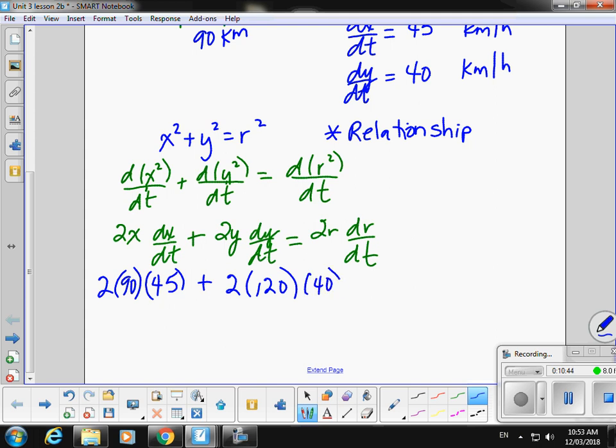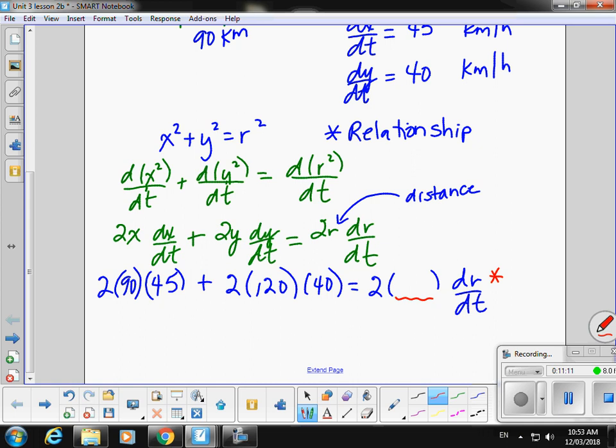So I know all of these values. At the moment that they are 120 and 90 apart, I should be able to figure out that distance. I just haven't done so yet. And dr/dt is what I am looking to find. So that's what I want, and I just have a little bit of work to get that.